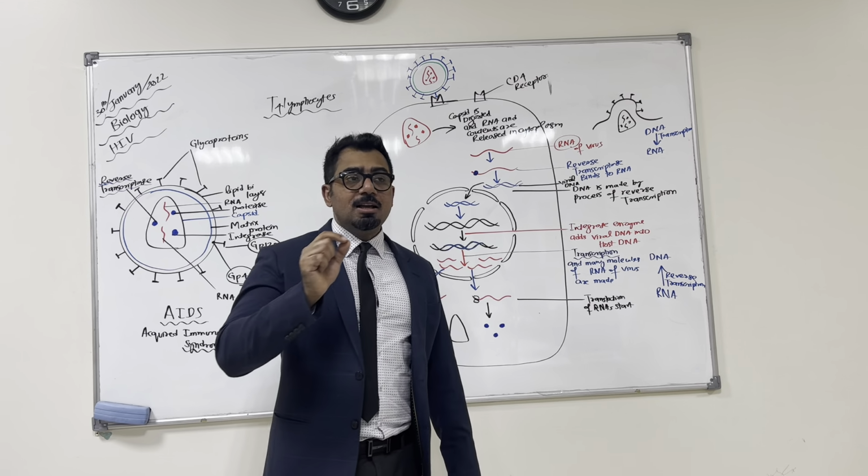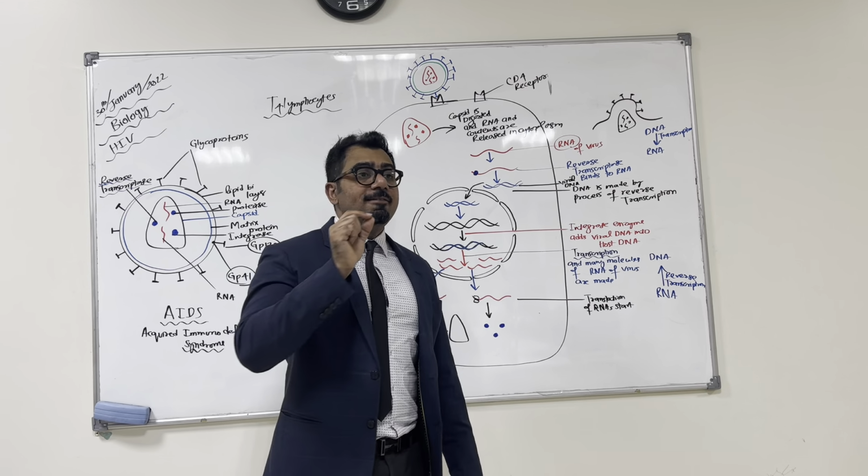Now remember one thing, whenever an HIV virus enters the body, it causes flu-like symptoms. The person will have some trouble in the stomach, right? Nausea or vomiting, diarrhea-like things, right? So this will happen and it will last for a few days only. After that, the incubation period starts.